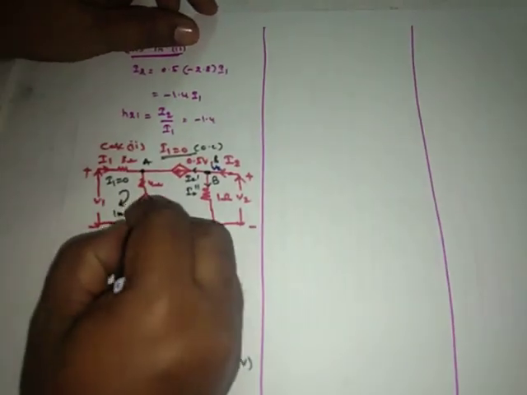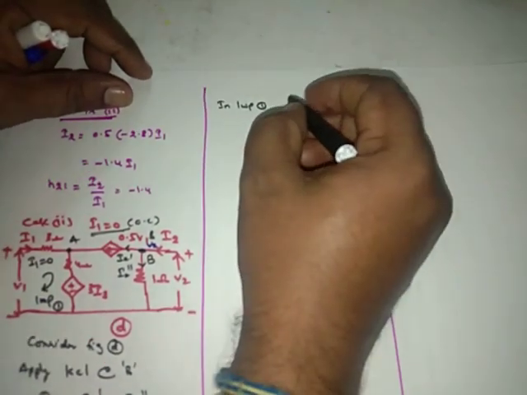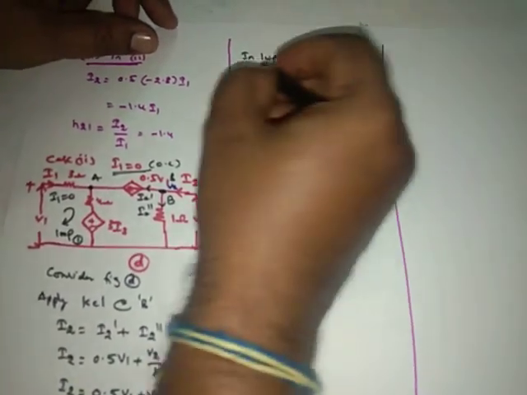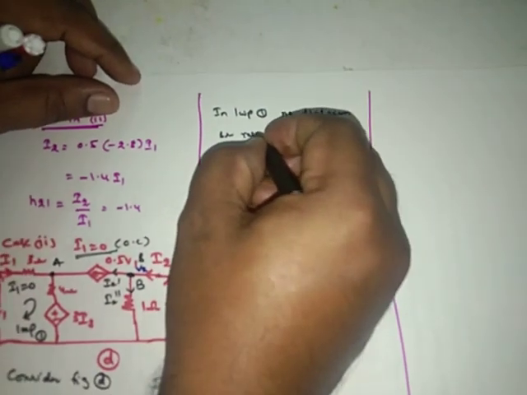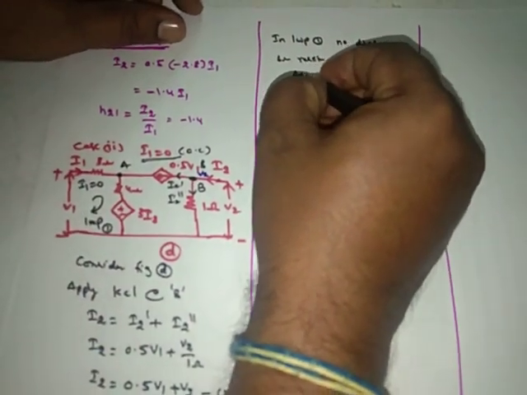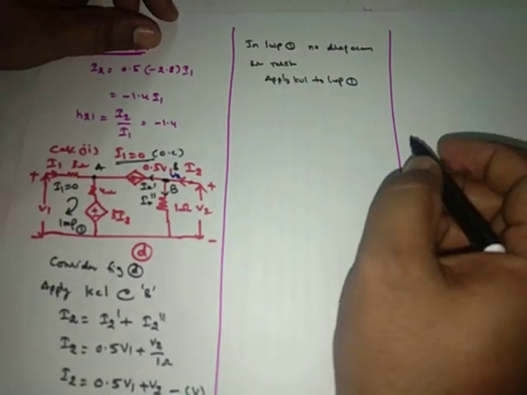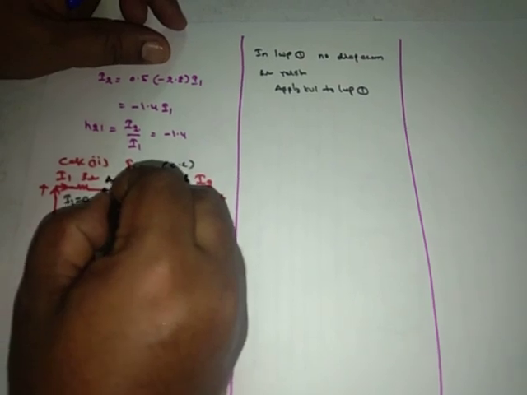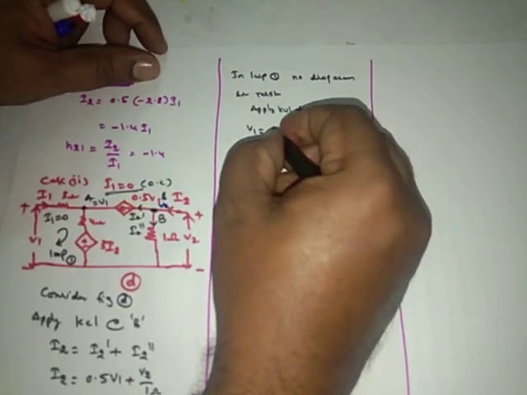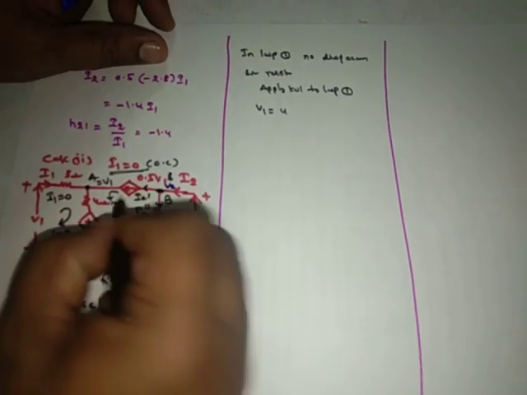Now here the important concept is I1 is equal to 0. In loop 1, there is no drop across the 3 ohm resistor. So now apply KVL to loop 1. The voltage at the node is V1. Directly V1 is equal to 4 I2 dash plus the voltage source 3 I2, where I2 dash is the current flowing.